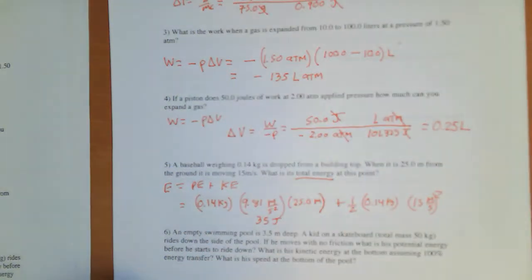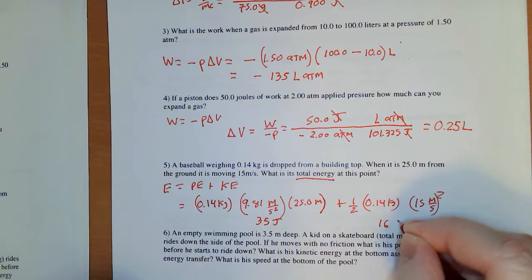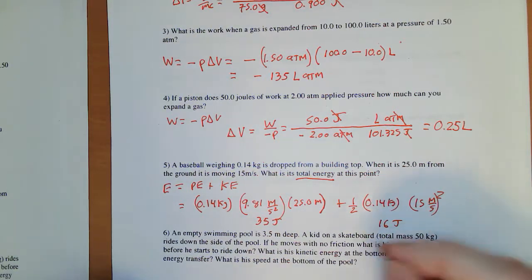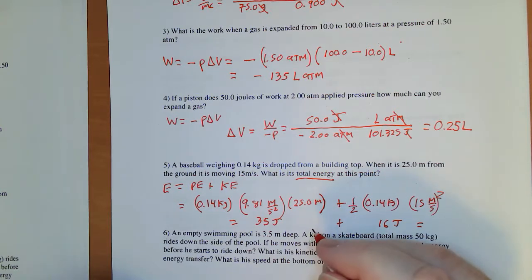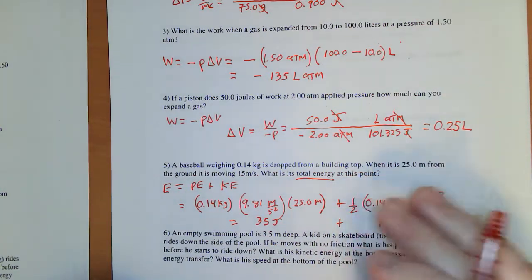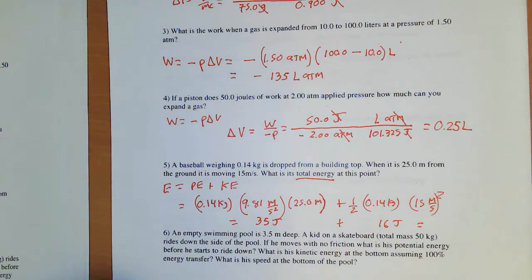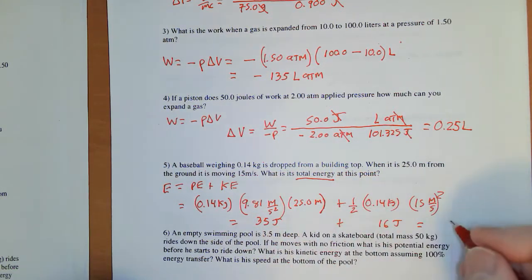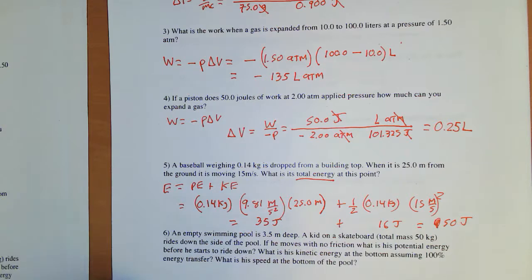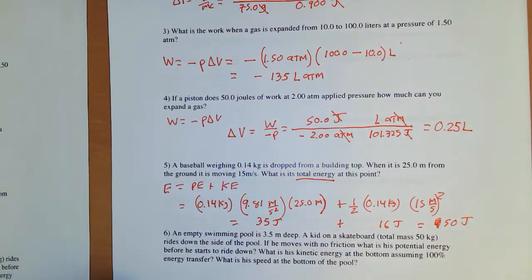We're going to call that 16 joules. 16 plus 35, actually, it was more like 34.3. So we're right in the area of 50 joules, maybe 51, depending upon how you round it.